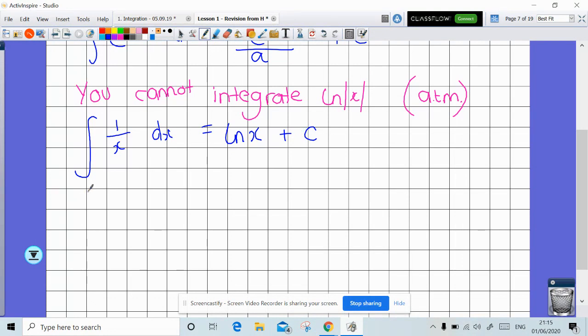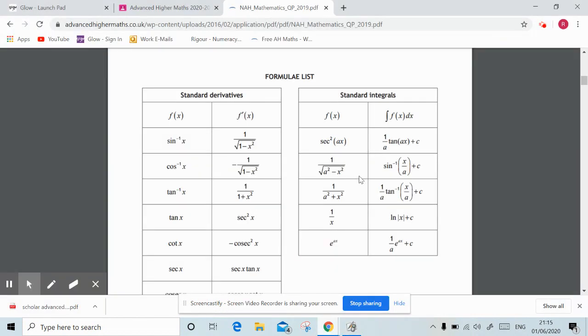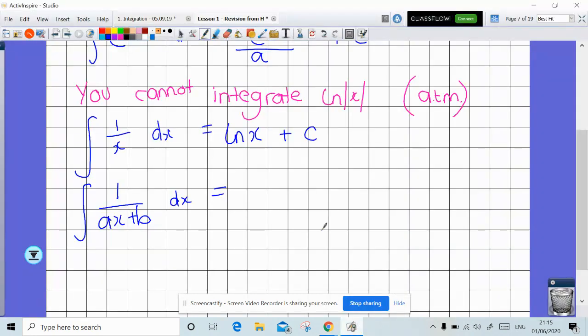What we've also got is something that I like to call the special integral. So if you've got 1 over ax plus b, for example. Okay, so this one's in your formula sheet too, I think. No, it's not.